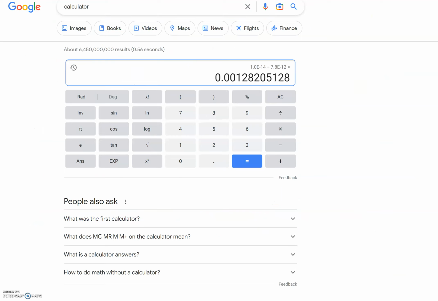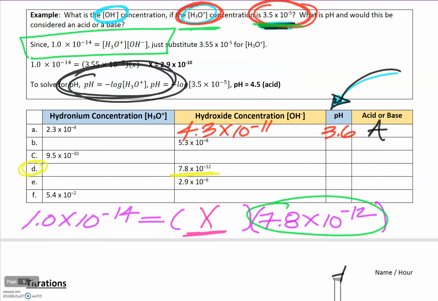Now in this one, you'll notice it didn't give you scientific notation, and you do need scientific notation, so we really need the decimal to be moved over. So we're going to move it over 1, 2, 3 spots. So it'll become 1.3 to the negative third.